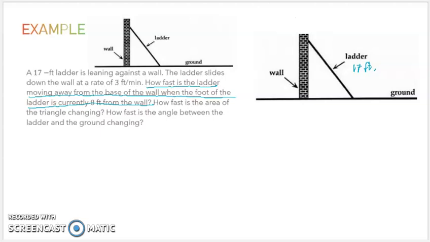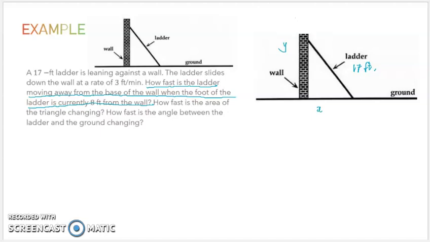And also it says here that the ladder slides down the wall at a rate of 3 feet per minute. So the rate of the ladder sliding down the wall is 3 feet per minute. So what will that be? If we represent this as our y, let's represent this as our x.